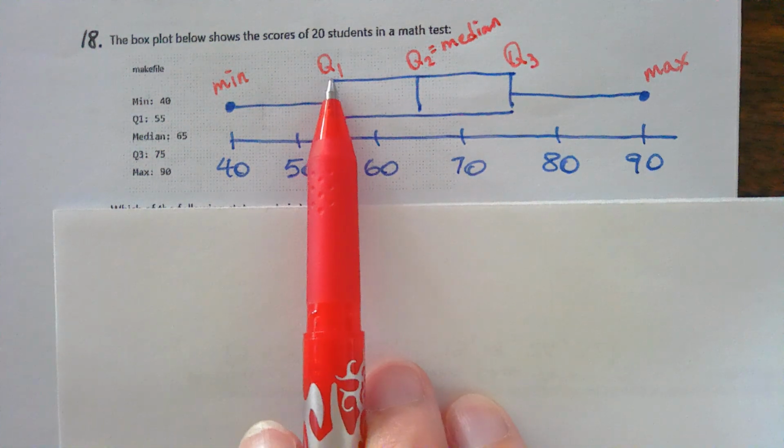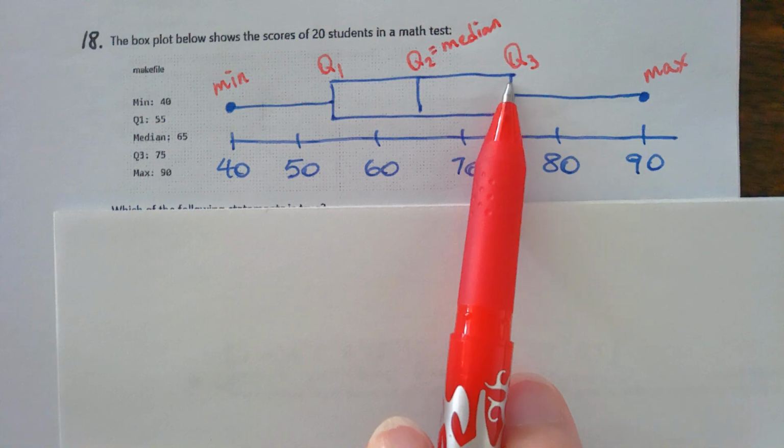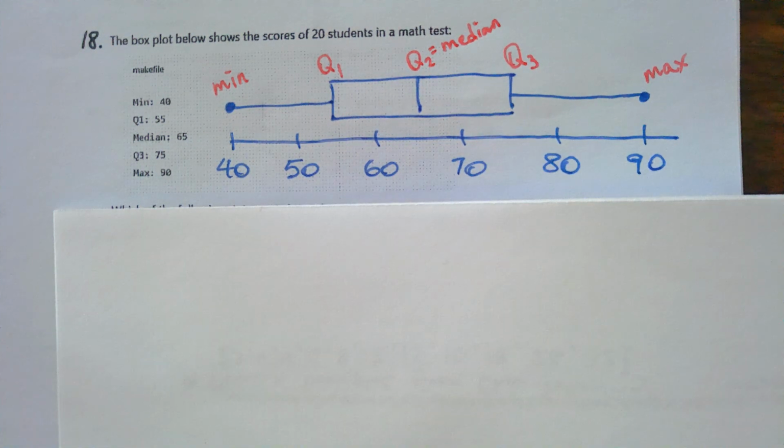So other than calling this first quartile, do you know what other name it has? There's another name for it too. I'm not trying to trick you guys by giving it all these names, but I've seen it on EQAO. Lower quartile. Excellent. And this would be called? Upper quartile. Good. As long as you get it, okay? Because I've seen EQAO put these crazy words in.